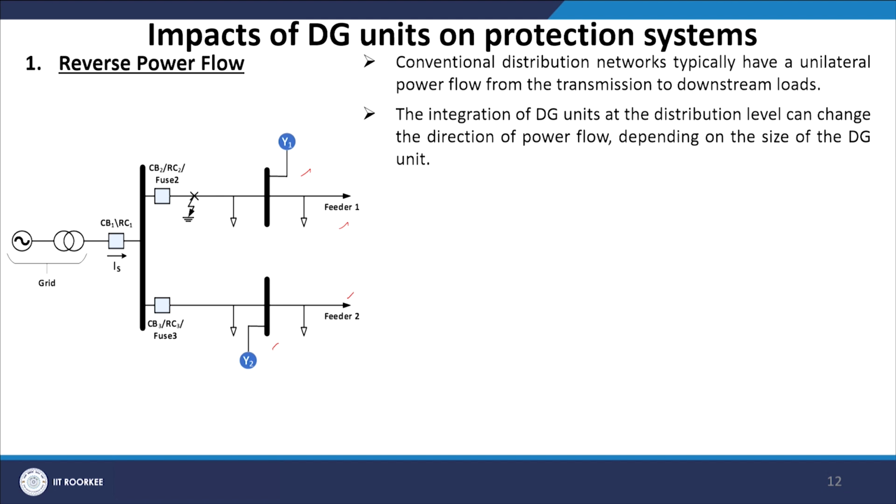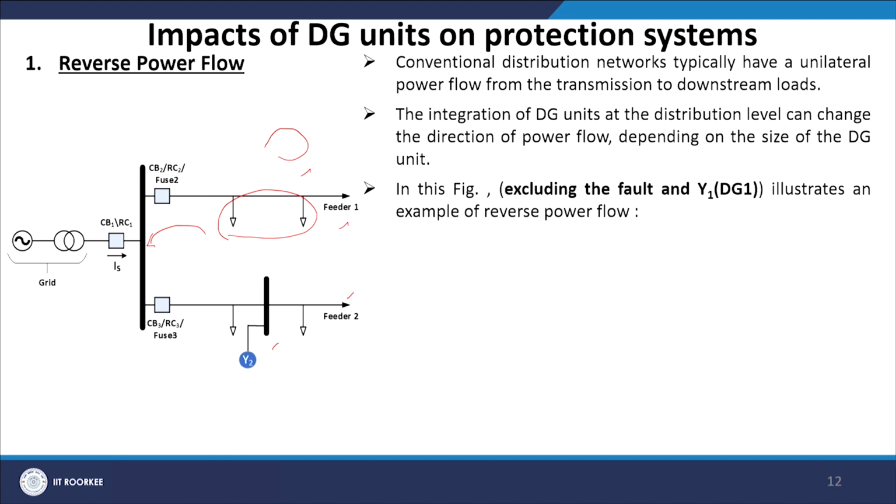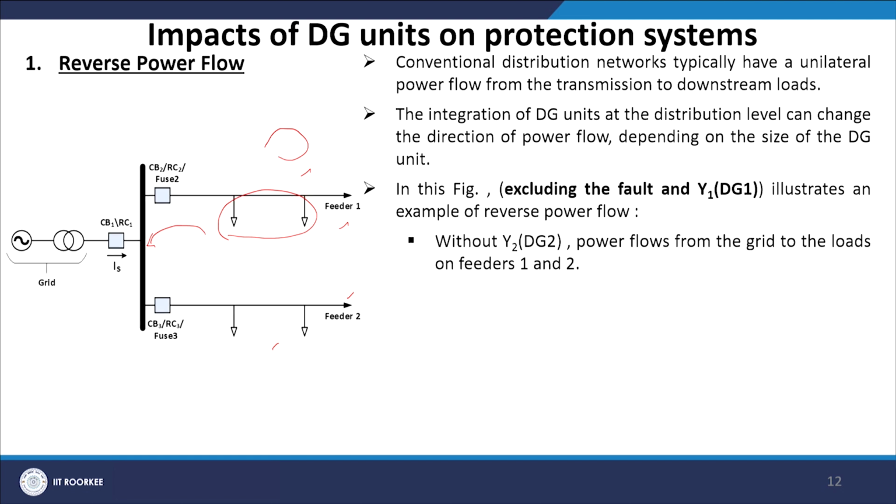That means if the load connected to this feeder is less than the generation capacity, you can experience a power flow from the DG end to the main bus.